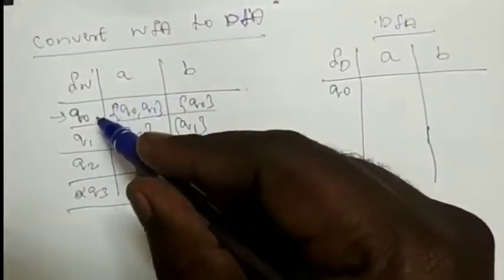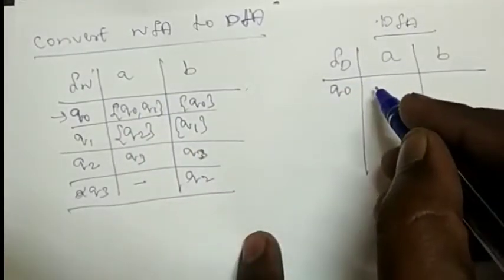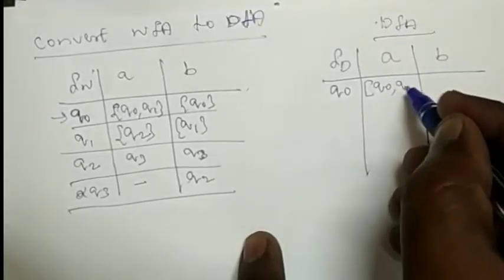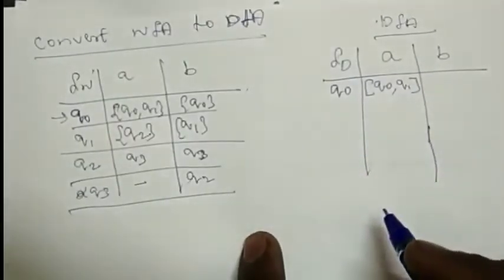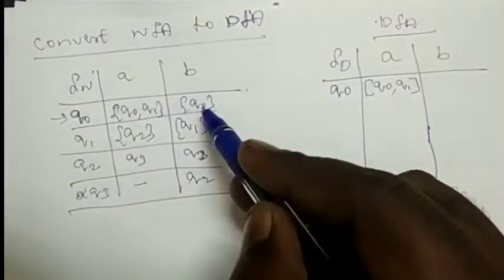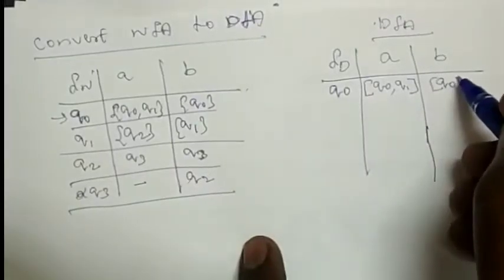When I apply A in Q0 it goes to Q0 and Q1, but when you enter it in DFA you use square brackets instead of curly brackets: Q0, Q1. And when I apply B it goes to Q0 itself, so here also you make it Q0.